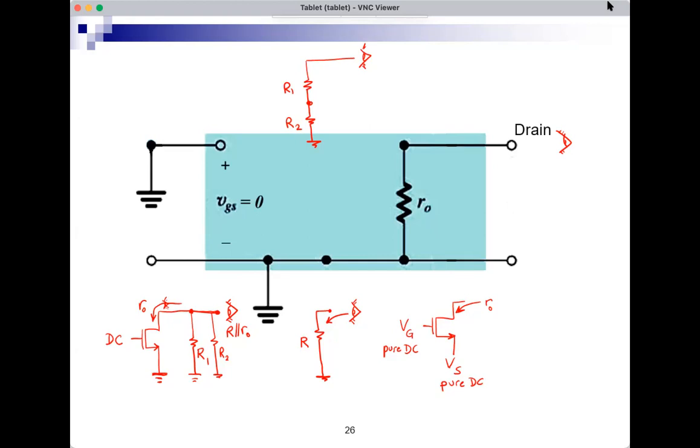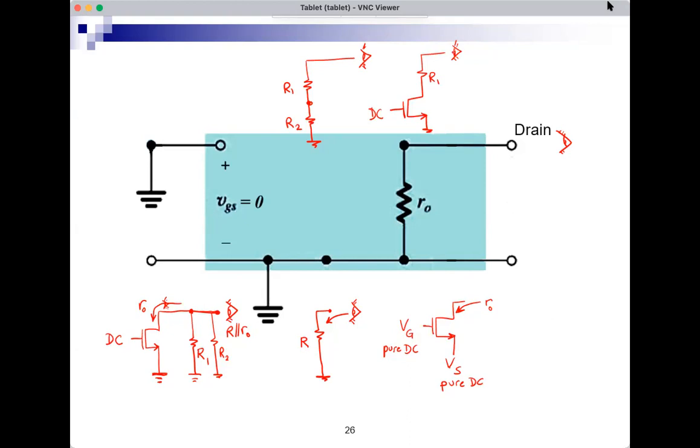What about this? What is the I seeing? What would the I see? And again, it will see R1 plus small RO, not parallel with small RO.